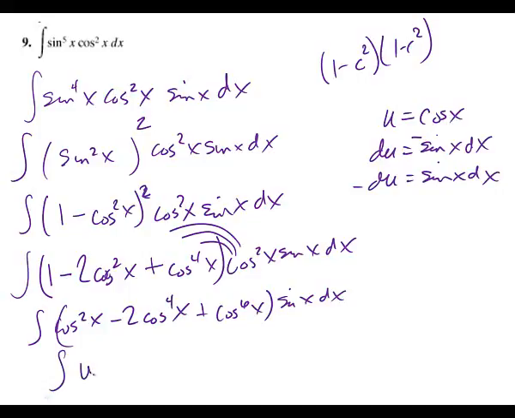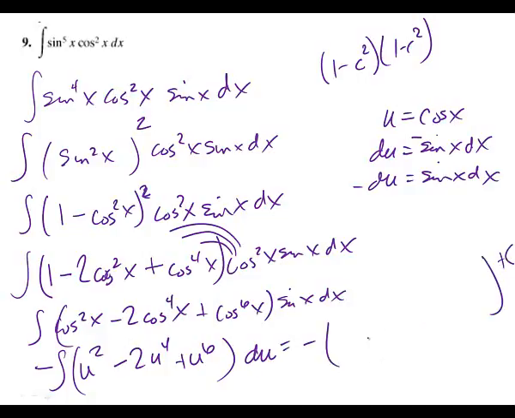Alright, let's sub in. So I get u to the 2nd minus 2u to the 4th plus u to the 6th. And then for the sine x dx, we get negative du. So we got a negative hanging out in front, and we've got u to the what? 3rd over 3 minus 2u to the 5th over 5 plus u to the 7th over 7.